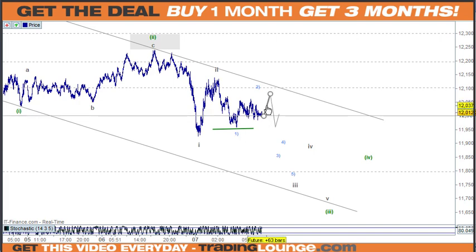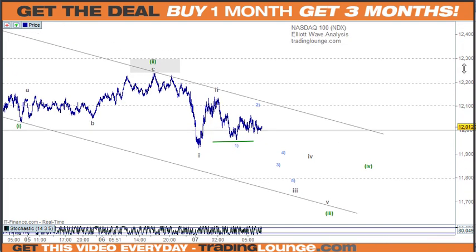Yes, you can get a better price, but what happens if there's a bigger ABC correction that comes into play for some reason, like an A wave, a B wave, 1, 2, 3, 4, 5 up here, and then it comes down? You'll do yourself some damage if you chase the market. So just let it come to you, and it should be cool at that point.